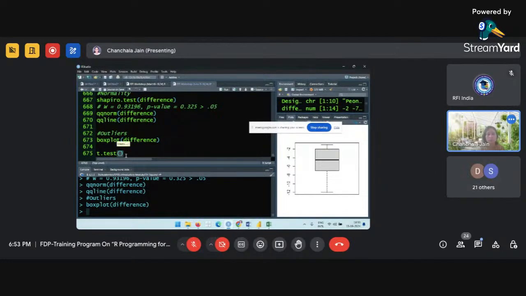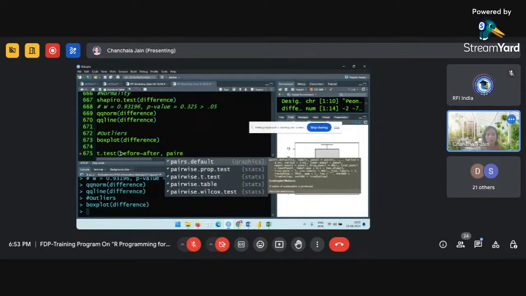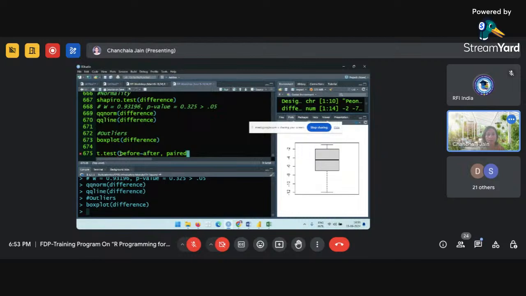So here you need to write before, after, and you need to write paired. I think it is paired equals to 2.